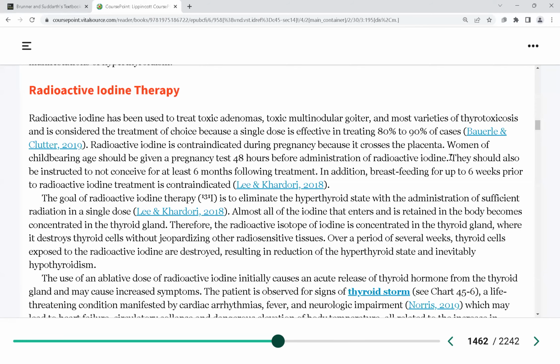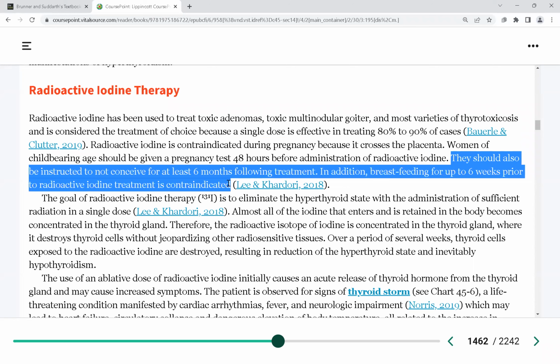Okay, let's look at the next statement. What do we do after we confirm they're not pregnant? We ask them when the last time they were pregnant was. We instruct them not to conceive for at least six months.